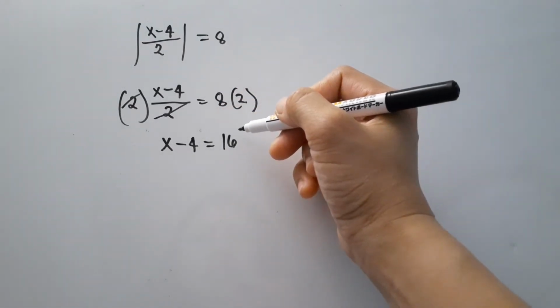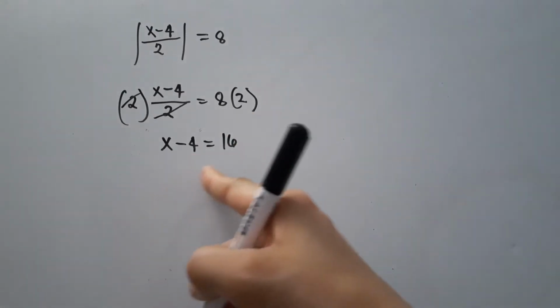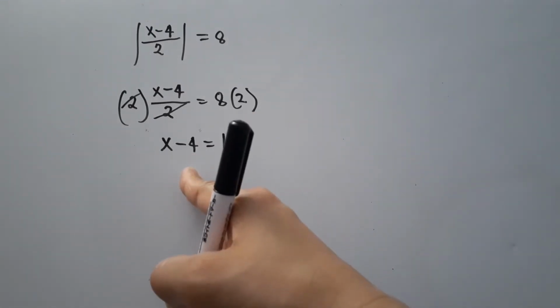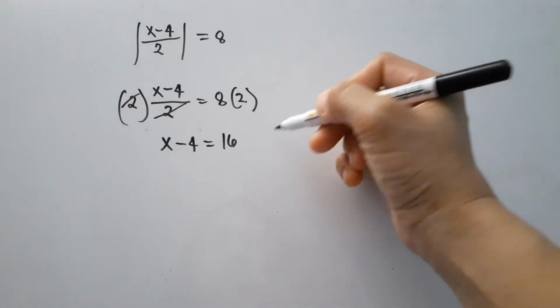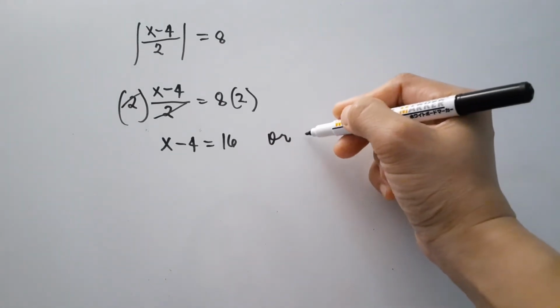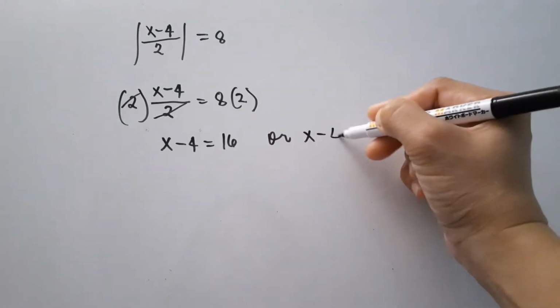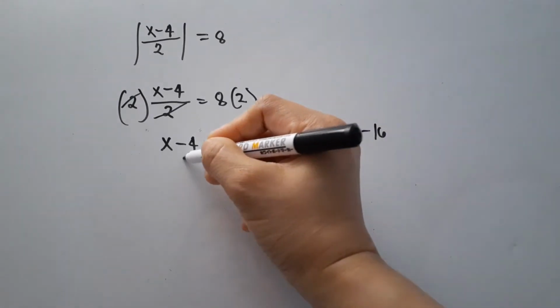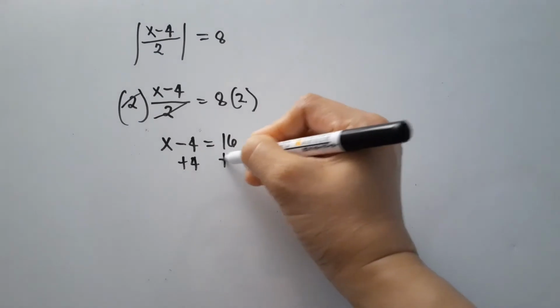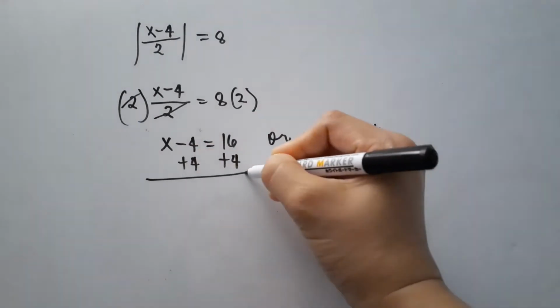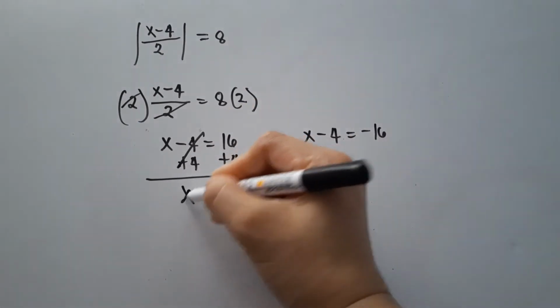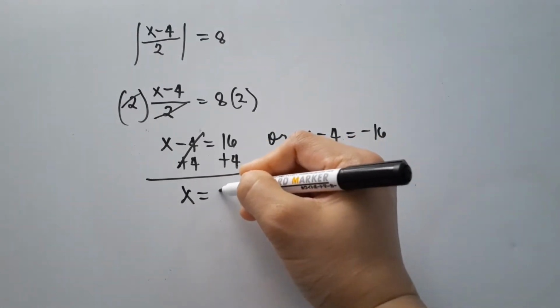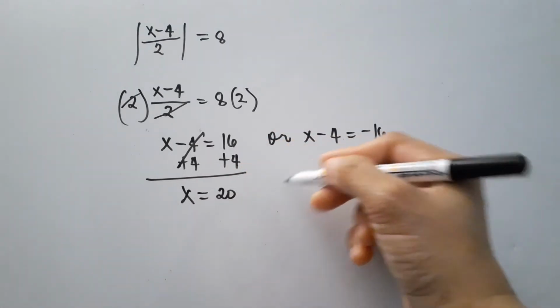Then 8 times 2 is equal to 16. Then we can start to solve each equation, positive and negative, so we add 4 to each side, cancel out this one, and x is equal to 20.